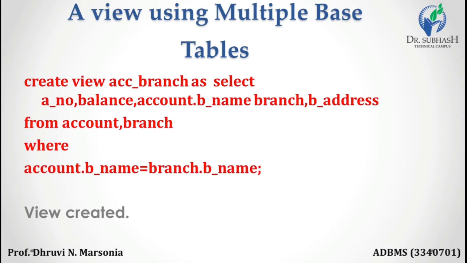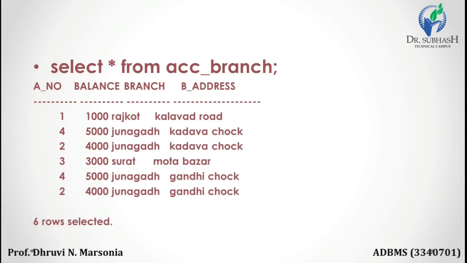If I want to see my output, I fire my query on SSE_branch. Then I get the output like this. These outputs depend on our previous tables, account and branch. See the output: these are the rows of account and branch matched on the branch name.